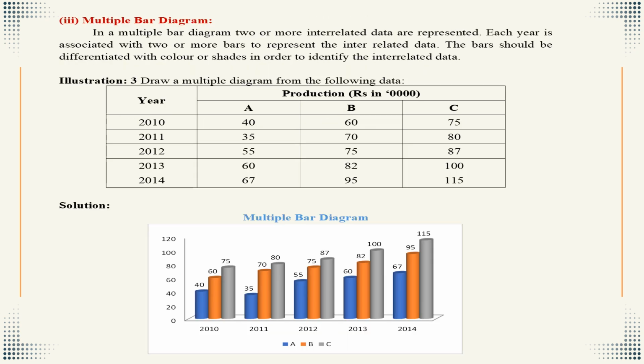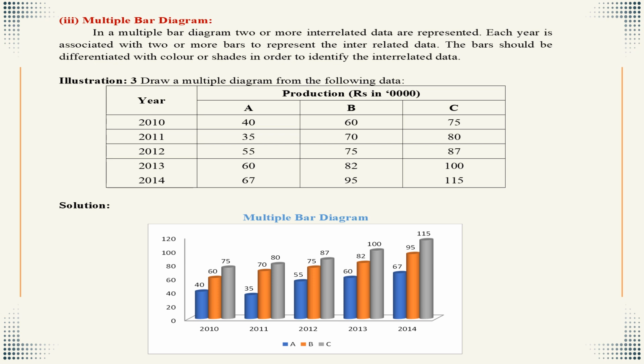Then multiple bar diagram. In a multiple bar diagram, two or more interrelated data are represented. Each year is associated with two or more bars to represent the interrelated data. The bars should be differentiated with colors or shades in order to identify the interrelated data.